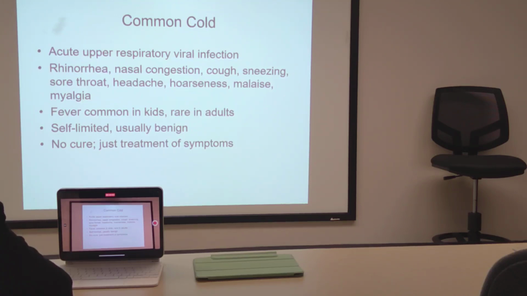It's usually in the upper respiratory tract, and it's usually benign. So there is no cure for virus infection. We just treat the symptoms. If you've got a runny nose, we treat the runny nose, and we help with the nasal congestion, etc.